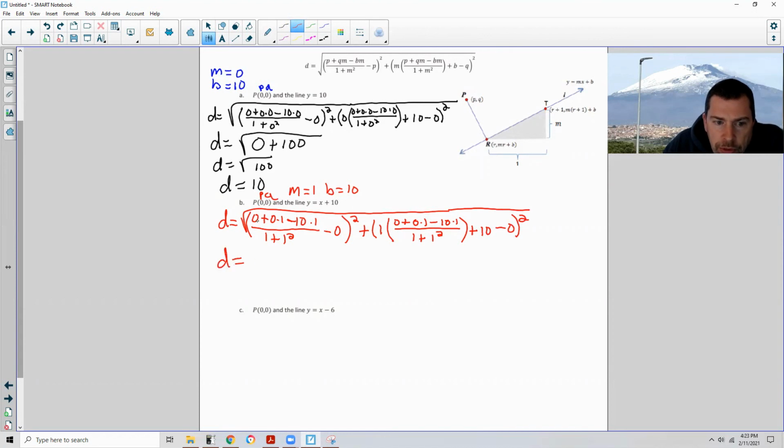D equals 0 plus 0 times 1, which is 0, is 0, minus 10 times 1, which is 10. 0 minus 10 is negative 10.